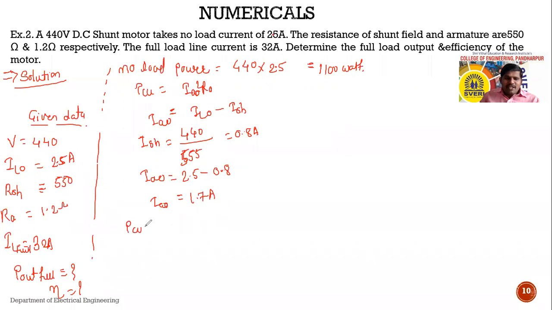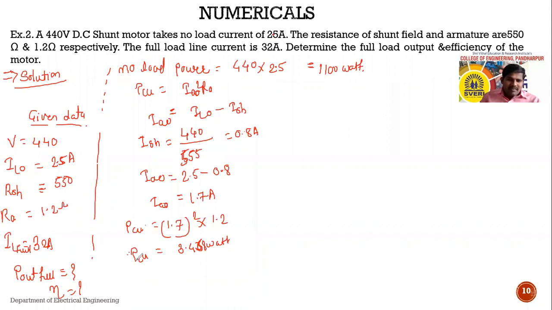After that we calculate the copper loss at no load condition. 1.7 square into armature resistance 1.2. What is the value? Copper loss is 3.468 watt. Now we have the value of power input at no load condition and the copper loss at no load condition.